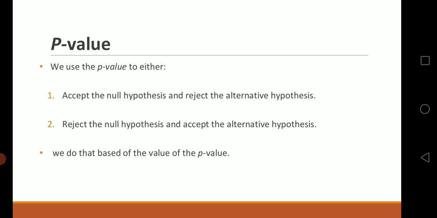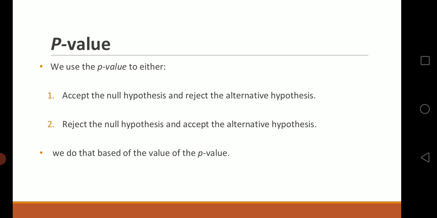Okay, we come and discuss the p-value. In the previous lecture we came across this title and we said that it's the proportion that the results are due to chance.